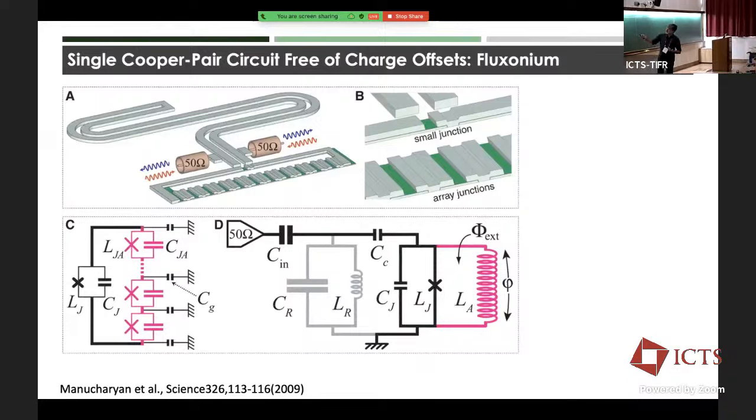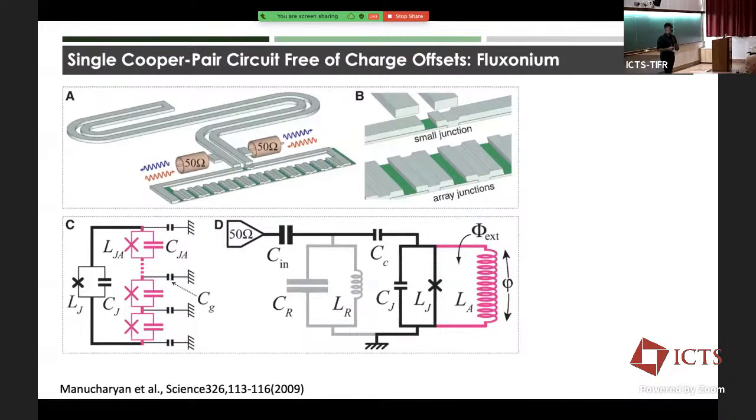If this inductance was very small and it's in parallel with an inductance which is larger, then effectively the total inductance is the small one, and that's the linear part. So you need to balance these out, and that's the balancing act of choosing the right values of Cj, Lj, and La, or equivalently in terms of energies, charging energy, Josephson energy, and inductive energy.